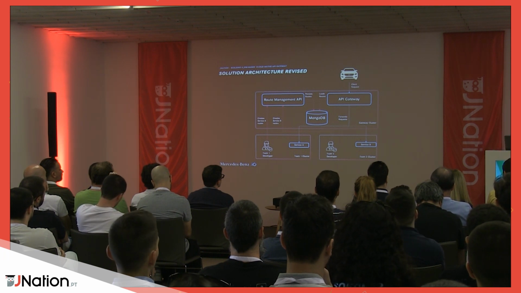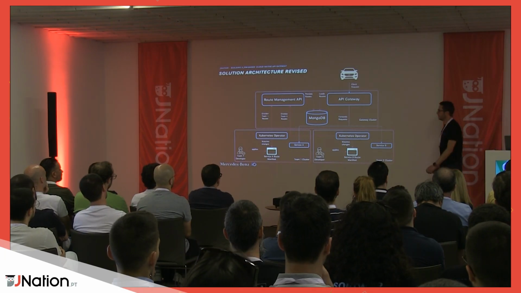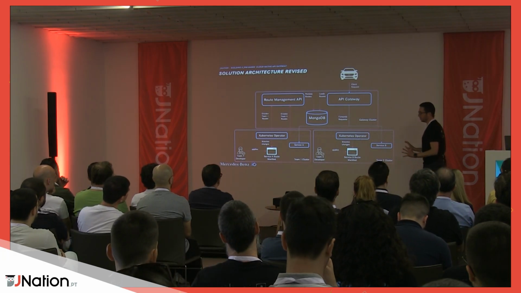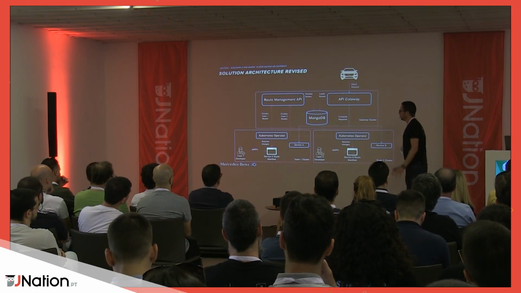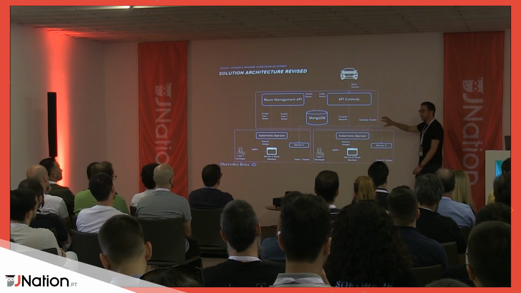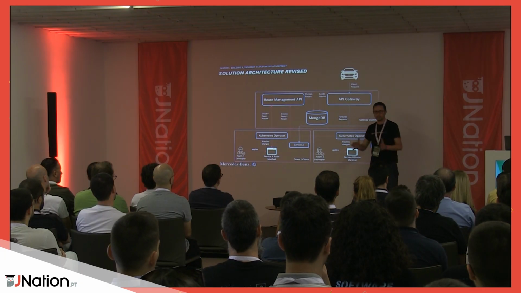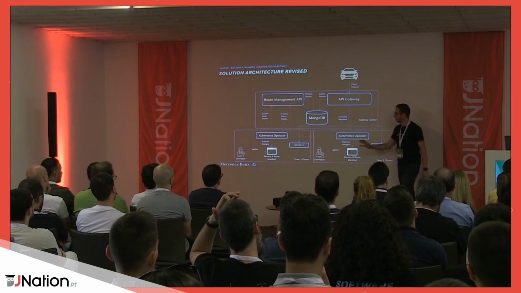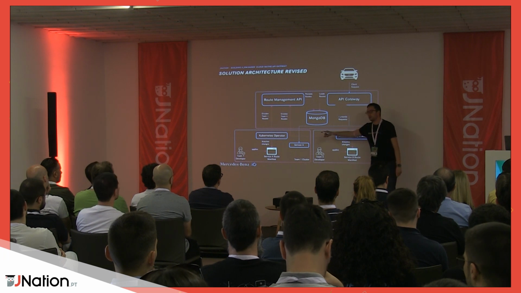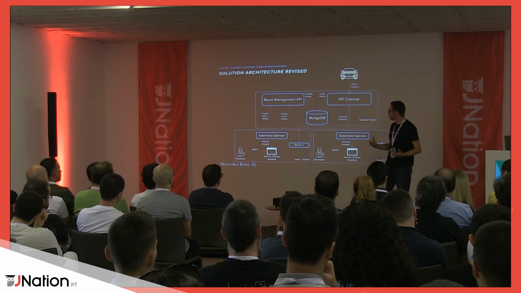So we decided to go with a different approach. We decided to develop a third component, which is a Kubernetes operator. How does it change on the architecture level? From this moment, the developers no longer contact the route management API. Instead, they specify their routes as a resource manifest, like any other Kubernetes manifest. We'll see in a minute how it's achieved, but they just create the routes manifest, and this Kubernetes operator is listening for changes on those resource types.